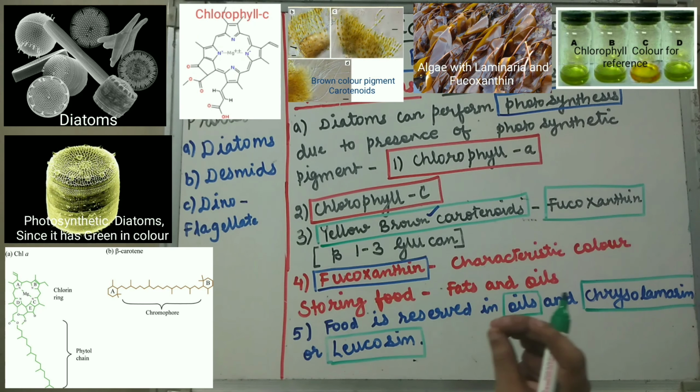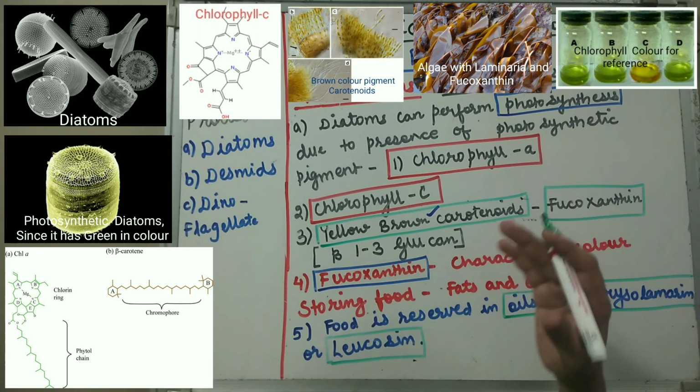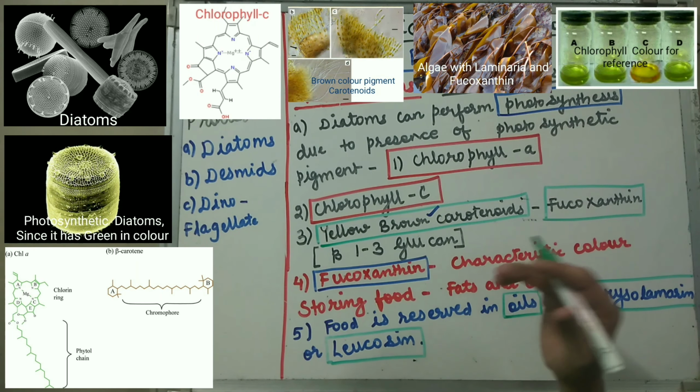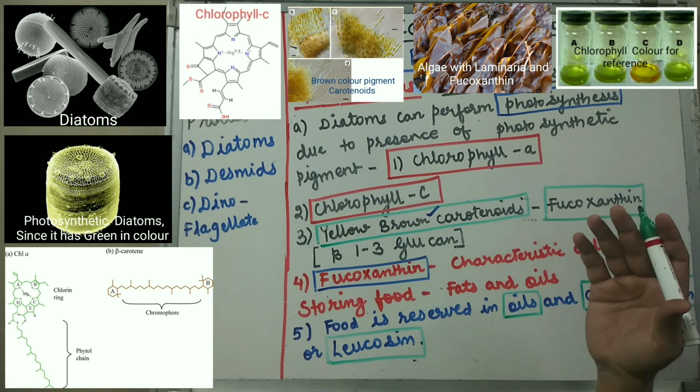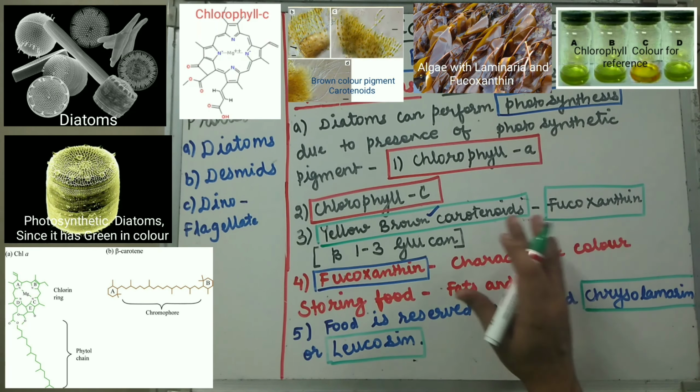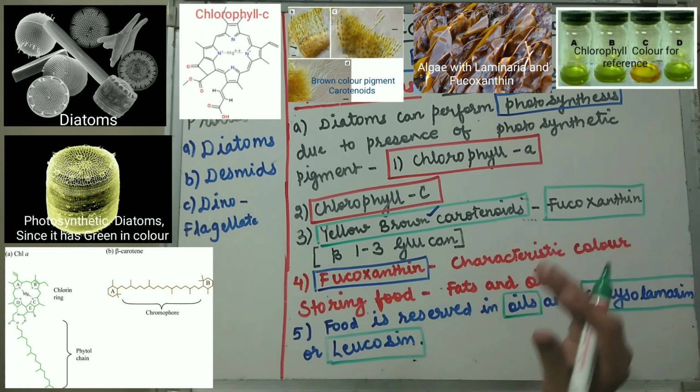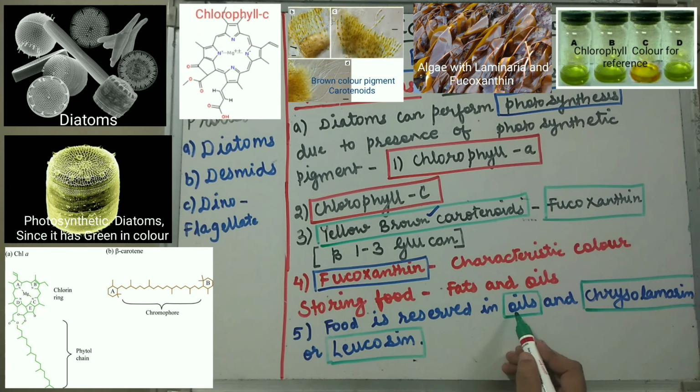Now there is a very important point that we have covered, that they generally float on water. These diatoms have the property of passively floating on water. Let us see what exactly the reason is. As you already know, the reserve food material is in the form of oil.